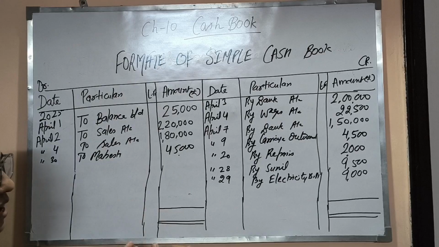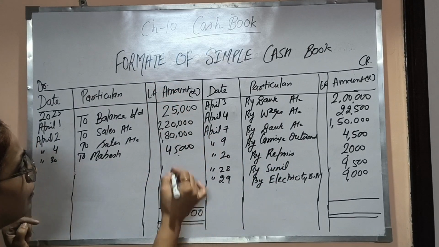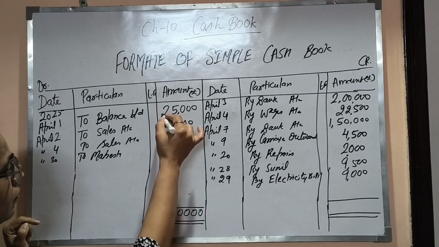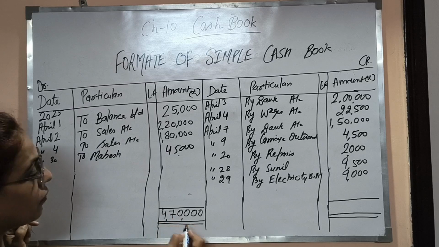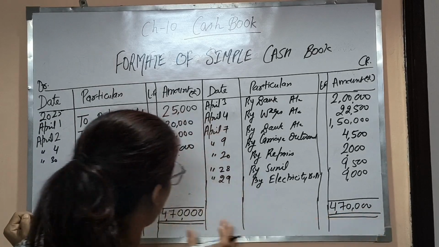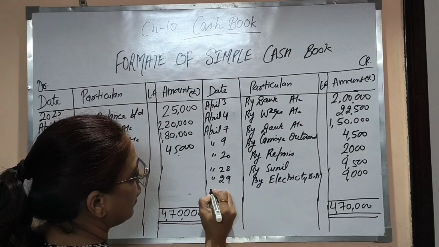It is always that the debit side is more than the credit side. First of all, total amount, then balancing figure.